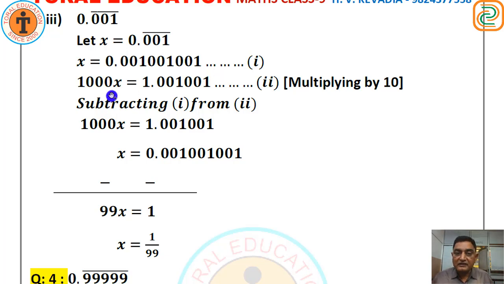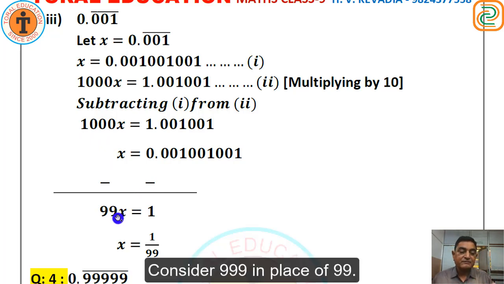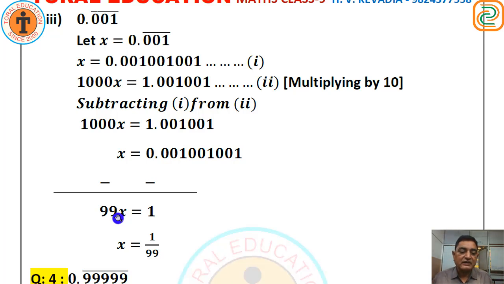Here 1000x equals 1.001. Subtracting, this 1000x minus x is 999x. Sorry friends, here I have to write 999x because 1000 minus 1 is 999, and here is 1.